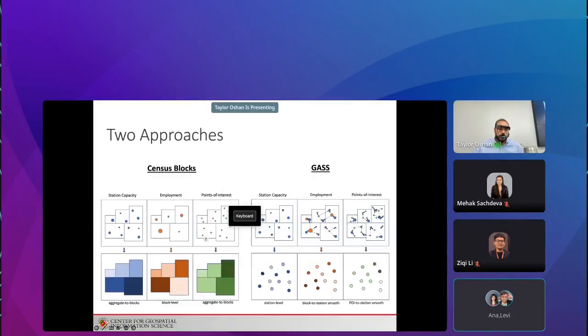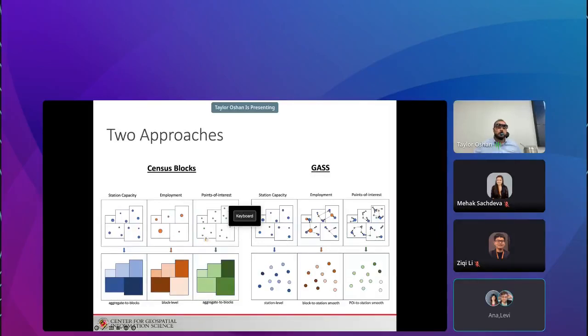So we have two approaches we could look at. The first one is the naive approach. We could use the census blocks because we're using those for the number of jobs, employment, and we could aggregate everything to those blocks. That's the strategy on the left. And we then lose a bunch of information because we need to aggregate everything up to a larger scale.